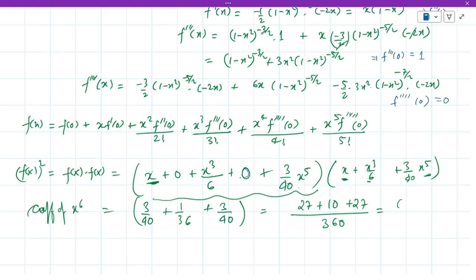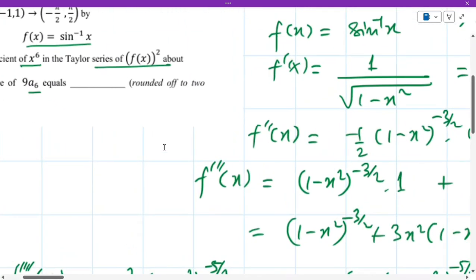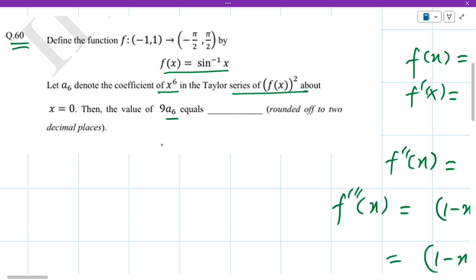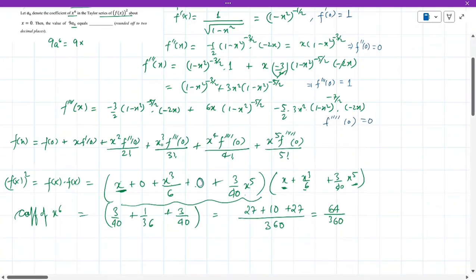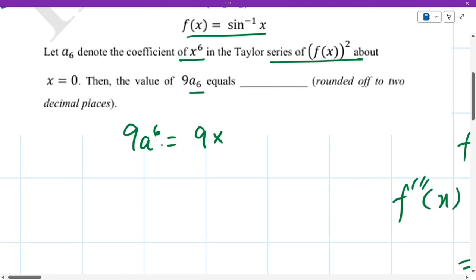Now since it is asking for 9 times a6, what is the value of a6? It is 64 by 360. So we get 9 into 64 by 360.